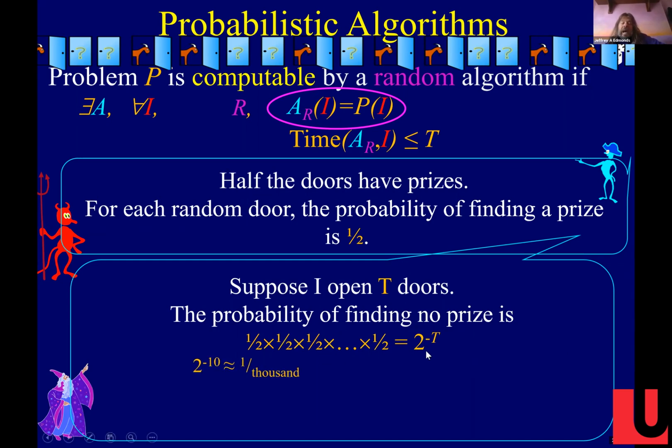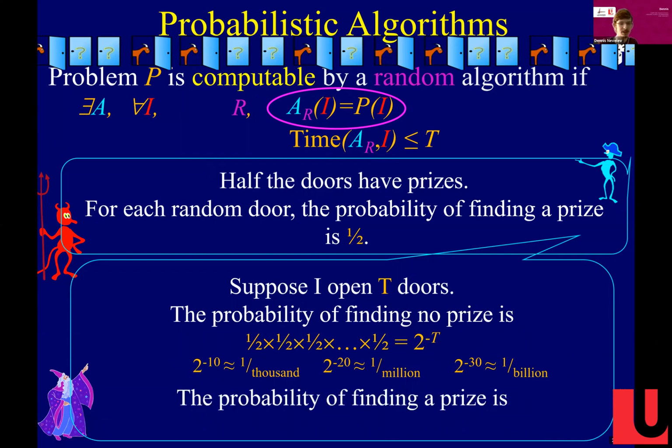Here's how I like to analyze powers of 2: 2 to the 10 is 1,024. So 2 to the negative 20 is about 1 in a million. Sorry, 2 to the negative 30 is 1 in a billion.